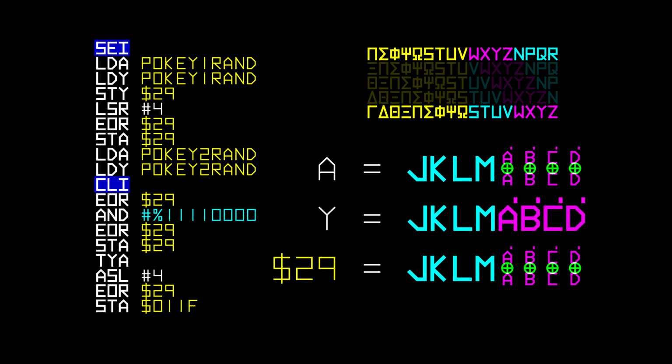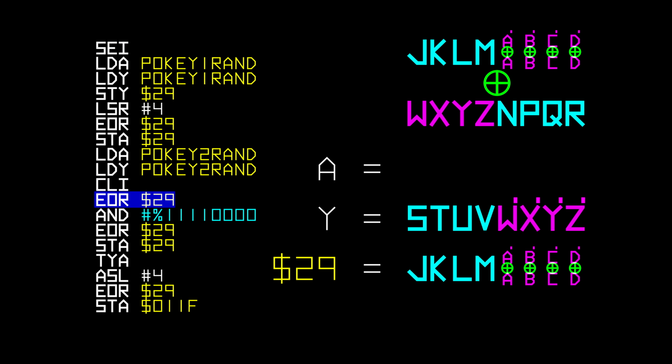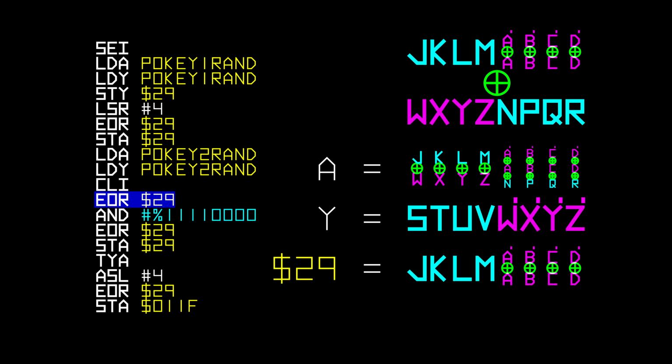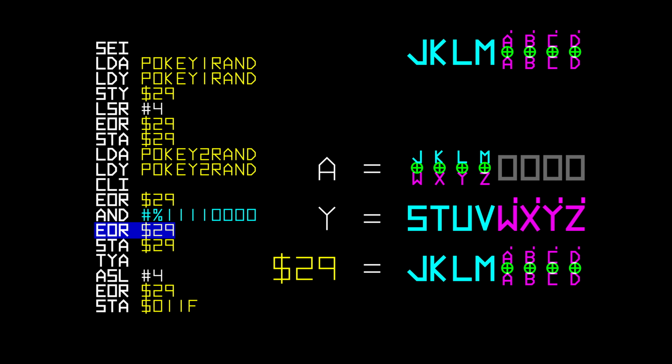Anyway, suppose the number we get into A is WXYZ NPQR, and the number in Y is STUV W prime X prime Y prime Z prime. Now we exclusively OR the value at address hex 29 with A again, strip out the lower 4 bits by ANDing with the value hex F0, and then XORing with address hex 29 again.